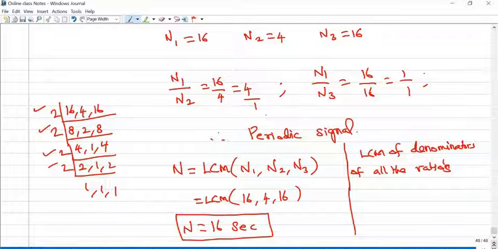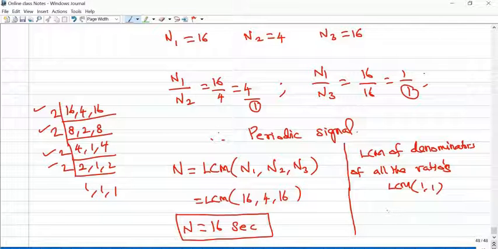So in this example, N1 to N2 and N1 to N3, only two ratios. The denominators are 1, 1. So the LCM of the denominators of all the ratios in this problem is 1 only. So the fundamental time period N equals this LCM value multiplied with N1.